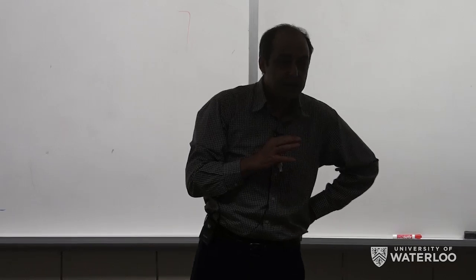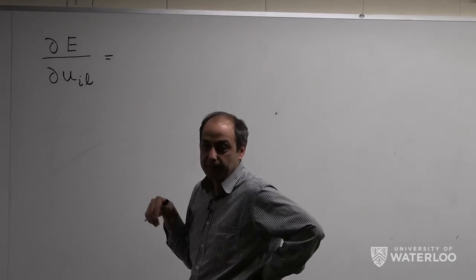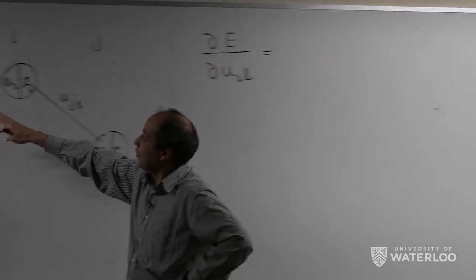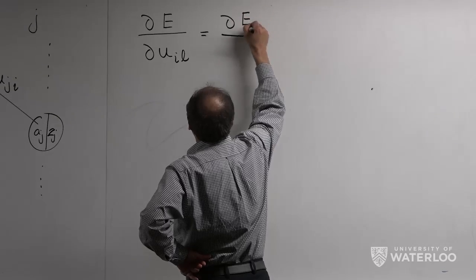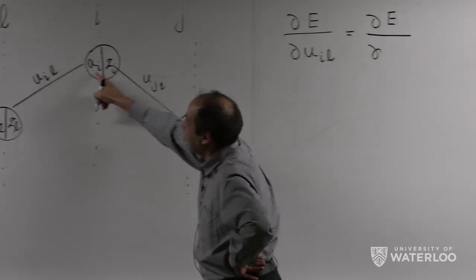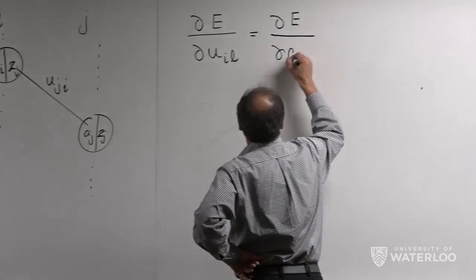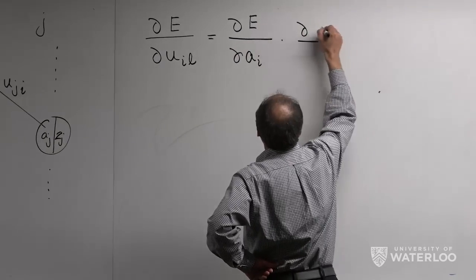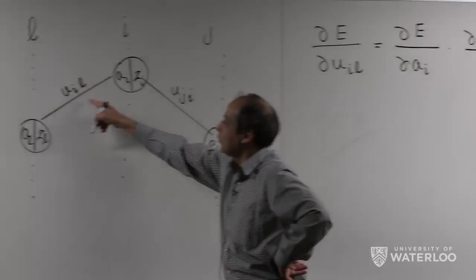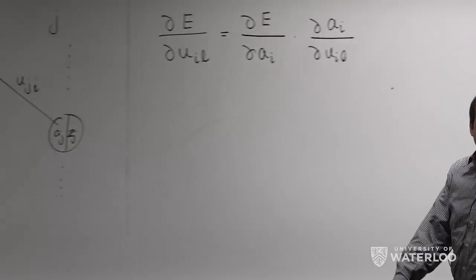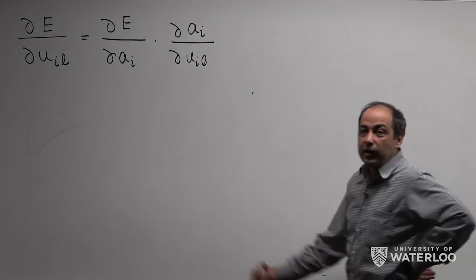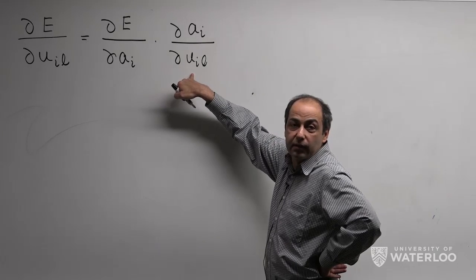Backpropagation is basically the chain rule. It's a wise algorithm, but mathematically it's just the chain rule. So I want to take the derivative of E with respect to UIL. I write it as the derivative of E with respect to AI times the derivative of AI with respect to UIL. Okay, what is the derivative of AI with respect to UIL?